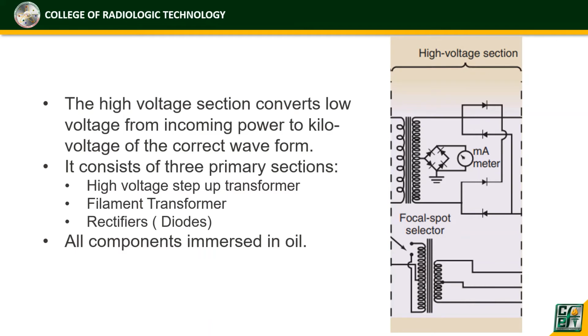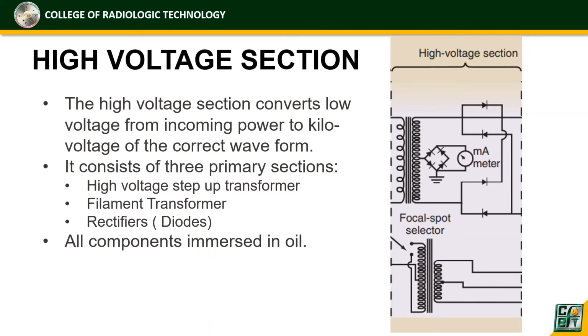Okay, next is the high voltage section. So the high voltage section converts low voltage from incoming power to kilovoltage of correct waveform. It consists of three primary sections: the high voltage step-up transformer, the filament transformer, and the rectifiers.